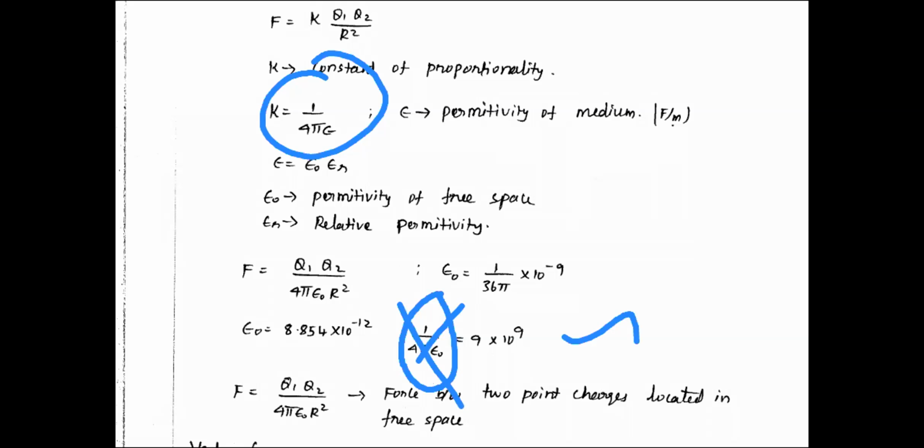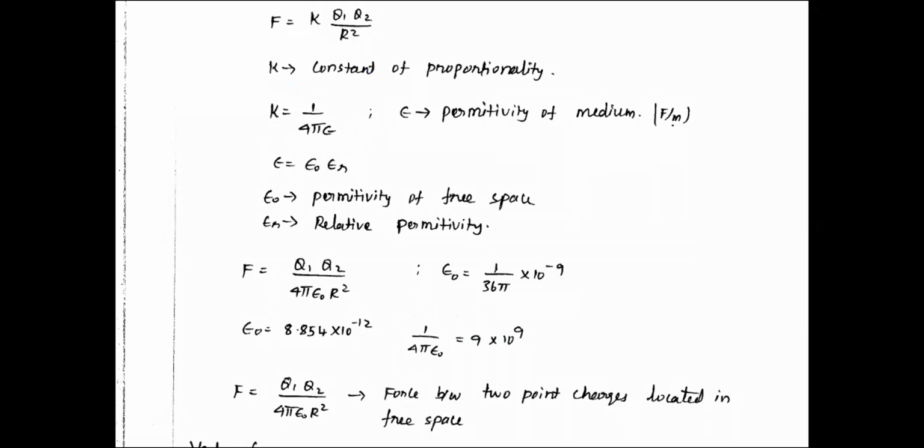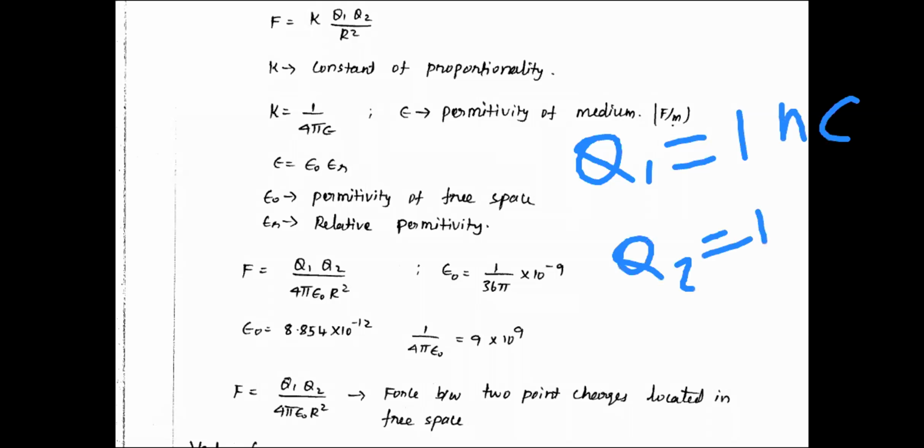Say for example, this is how in the exam they will give it. See what they will give. Q1 they will give as 1 nano coulomb, Q2 also 1 nano coulomb.